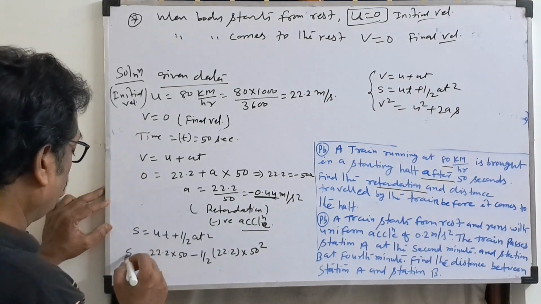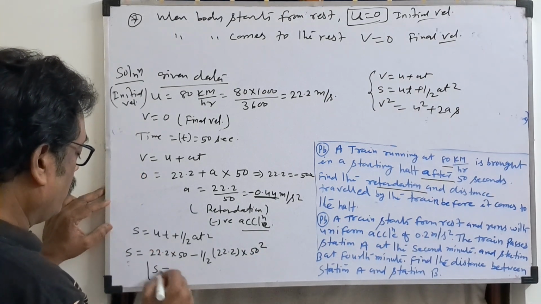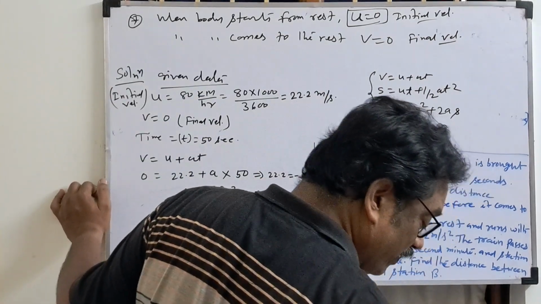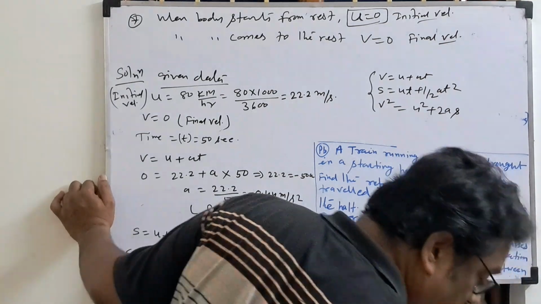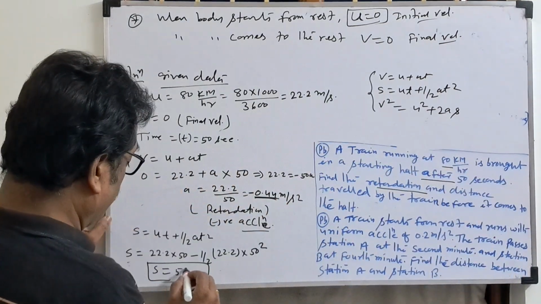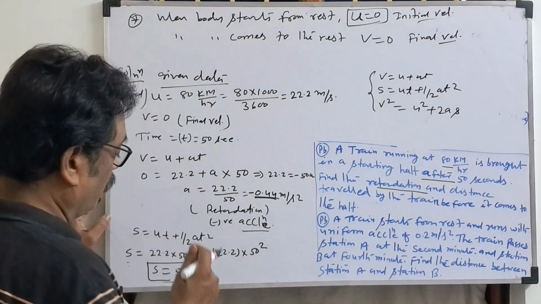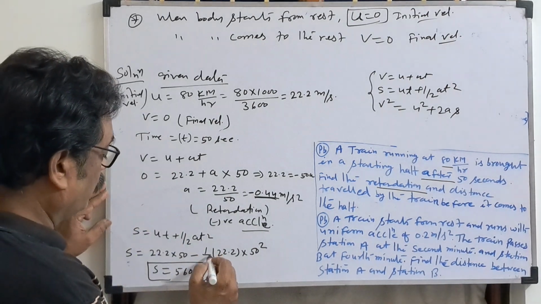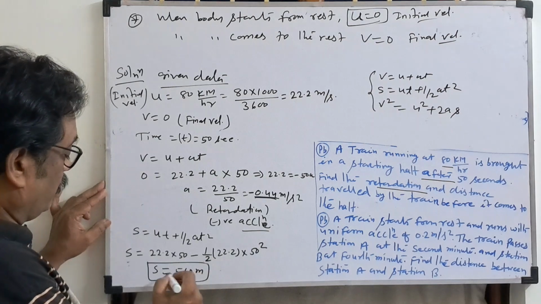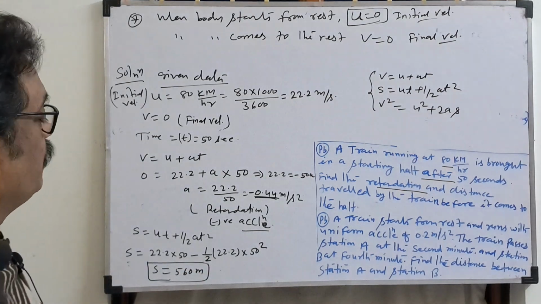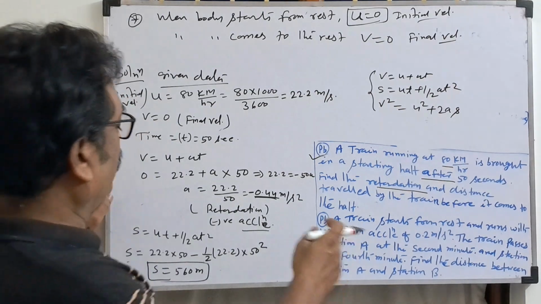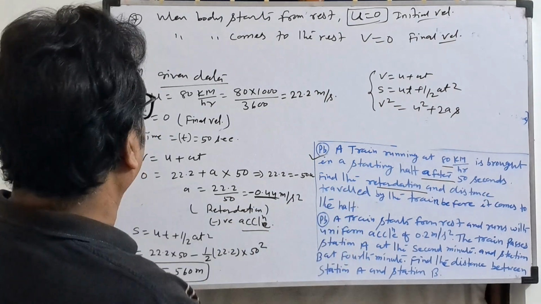If you calculate, you will get s equal to 560 meters. Always check the calculations once more, okay? So the first problem is over. They asked for retardation and distance travelled.